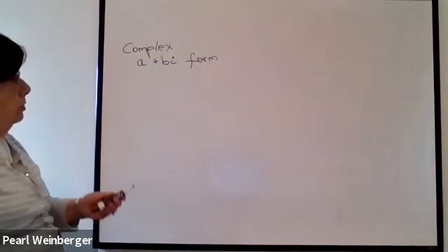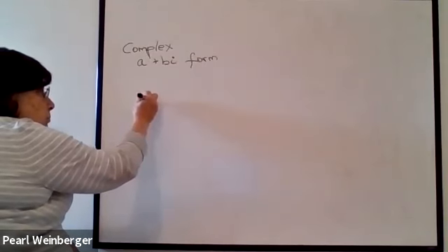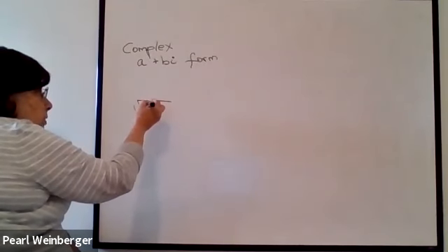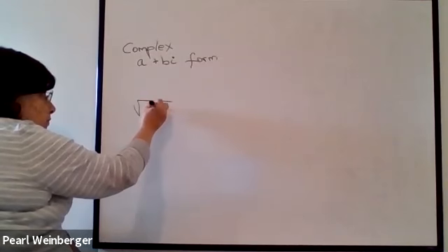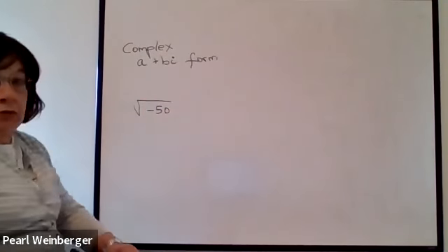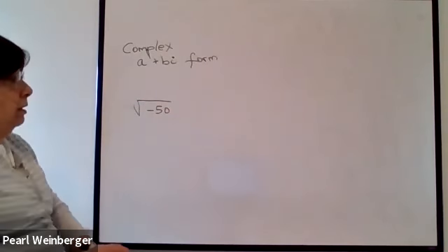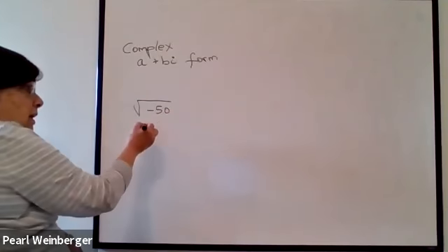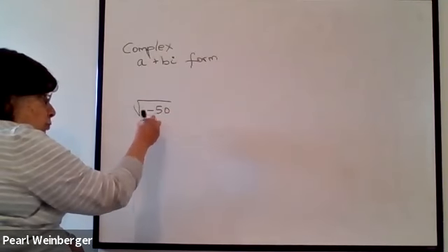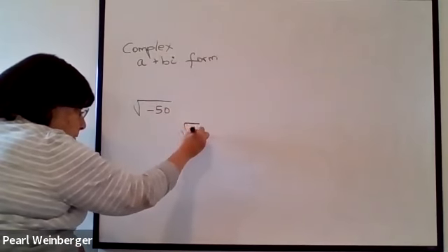So first of all, if I give you something like the square root of negative 50, and I say I want you to simplify it and write it in terms of i, what I would do in that case is break it up into, well, the negative will be -1.